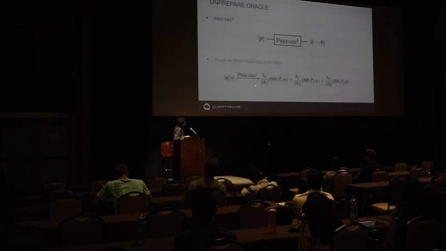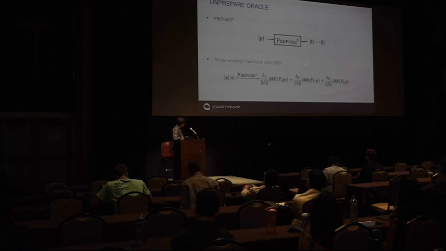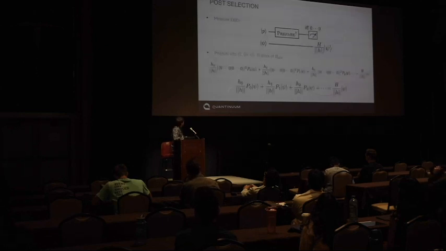Okay. And obviously then you have to do just the prepare dagger of the operator, which is basically the reverse of the original state preparation step, and then you can see that we remove the square root and get the correct coefficient, and we just measure now, exactly the same as before.